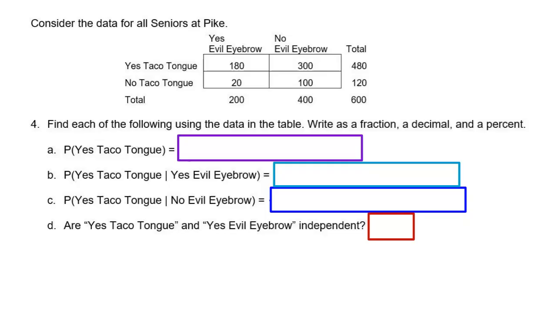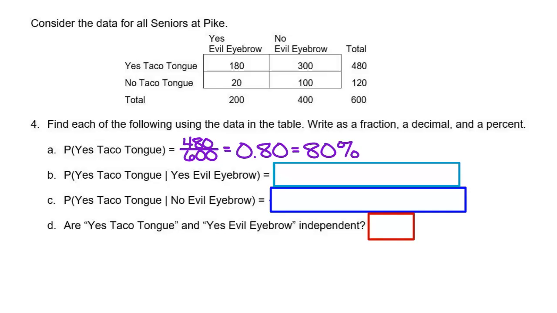So for this table, all my Pike seniors, what's the probability of a yes taco tongue? 80%. 480 over 600, or 0.80, 80%.